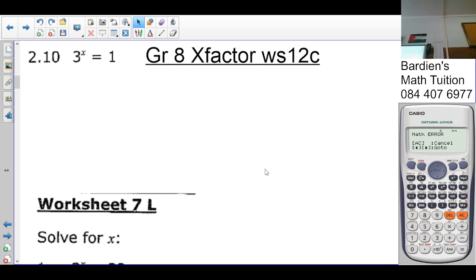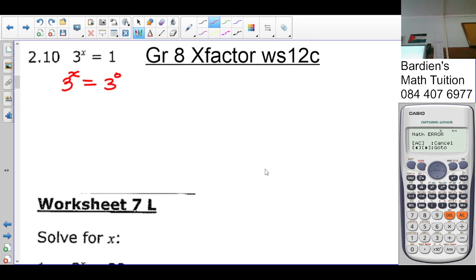Remember, we're going to try and make the bases the same so that the exponents can be equal. So did you say 3 to the 0? Yes. What do you understand, Michael? So anything to the power 0 is 1.